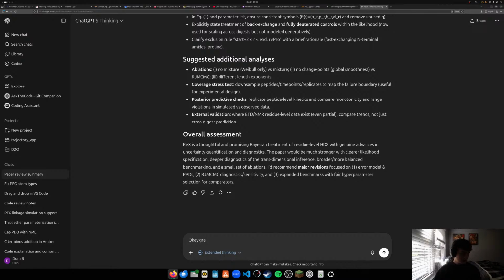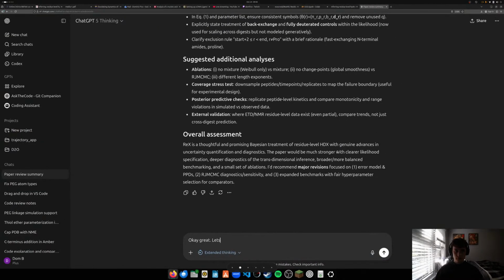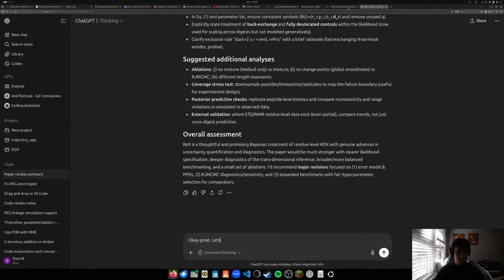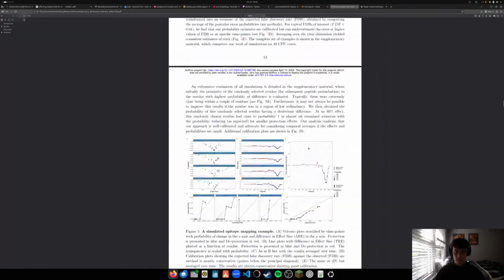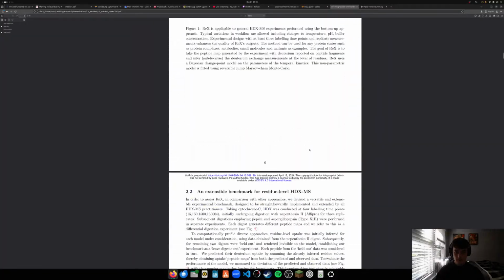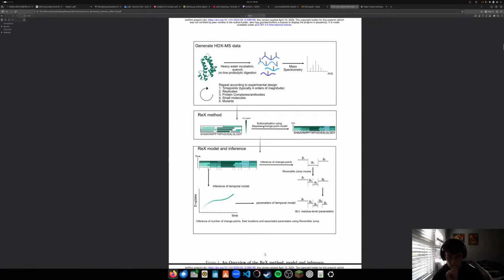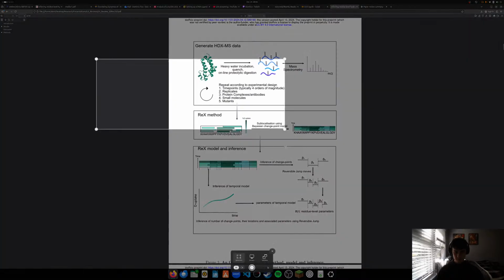Okay, great. So the first image I probably want to put in this paper would be kind of like, maybe this. Like I want to try to understand this here.